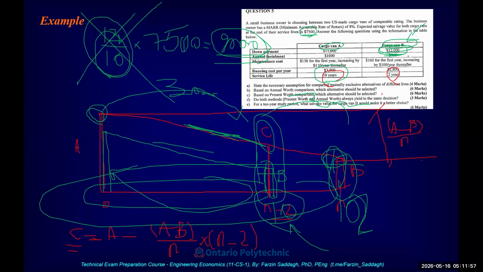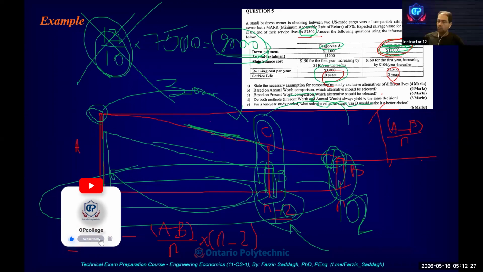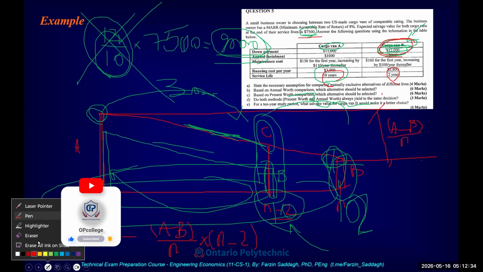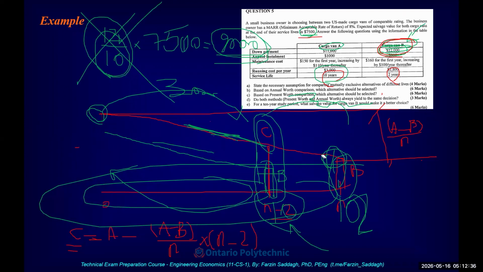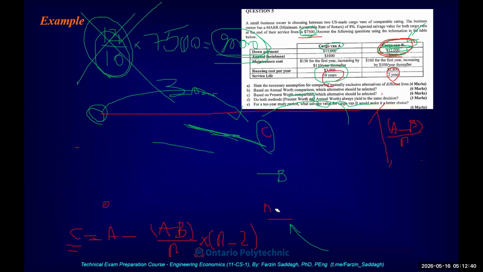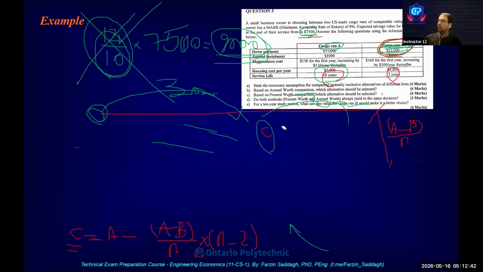A is the one we are talking about, which is B, 12,000, and at the end, 7,500. 12 minus 7.5 divided by 2, multiplied by 10, subtracted. So the final result is how much? 8.25. When you subtract 12,000 minus 11,000, you have... No, minus 7,500.